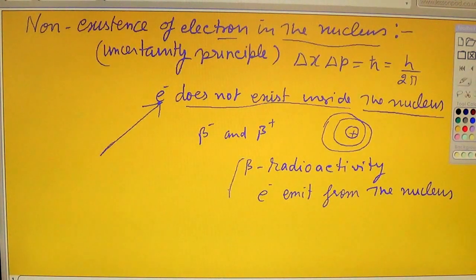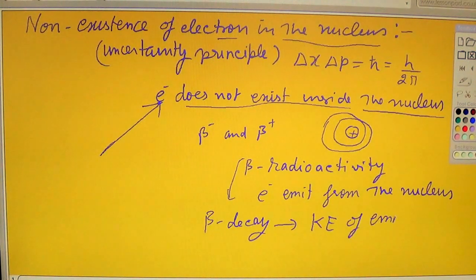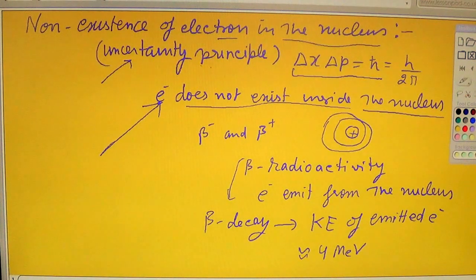And from beta decay, you know that the kinetic energy of the emitted electron is of the order of 4 mega electron volt. So this is one of the points. By using the uncertainty principle, delta x delta p is equal to h cross, we have to show that the electron does not exist inside the nucleus.